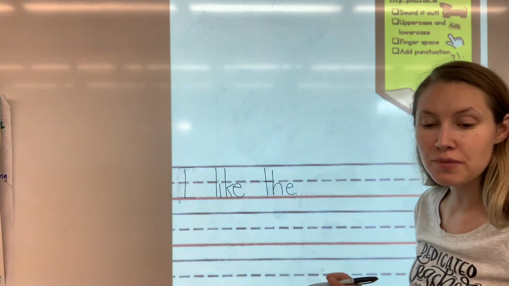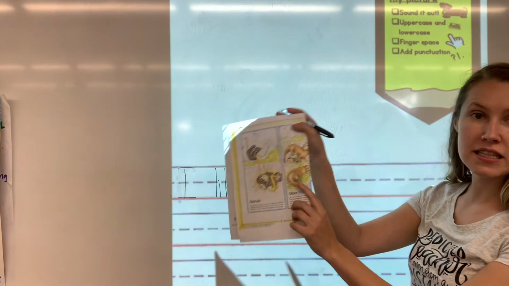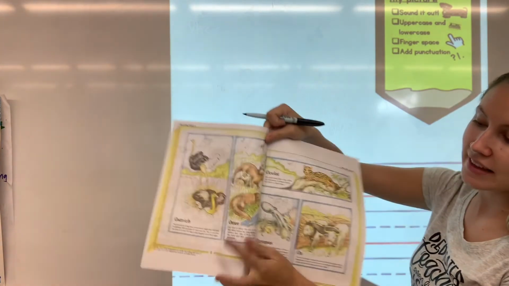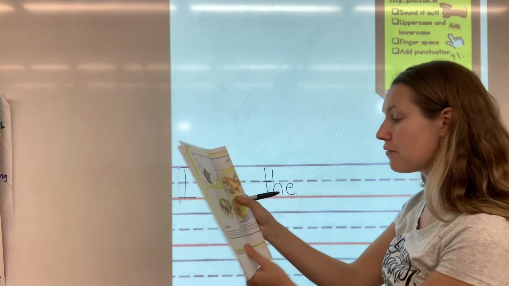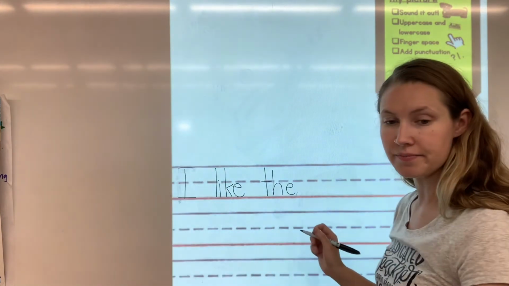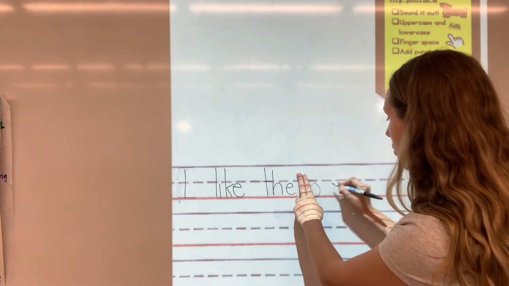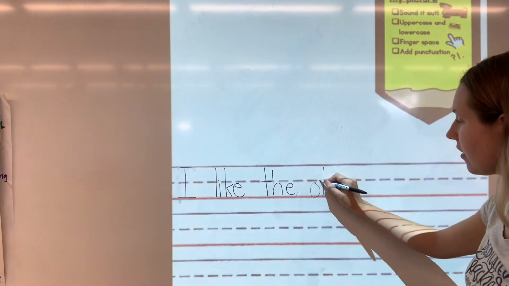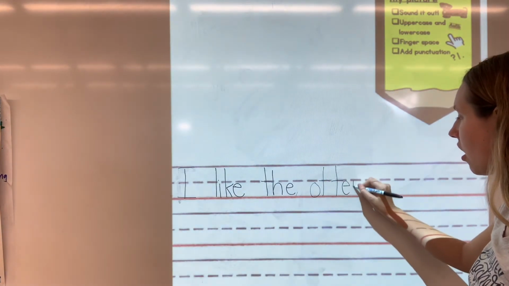So I'm going to write otter. And I can see that this is the picture of the otter and it has its label right there. So I'm going to copy how they wrote otter. O-T-T-E-R. Finger space, O-T-T-E-R.